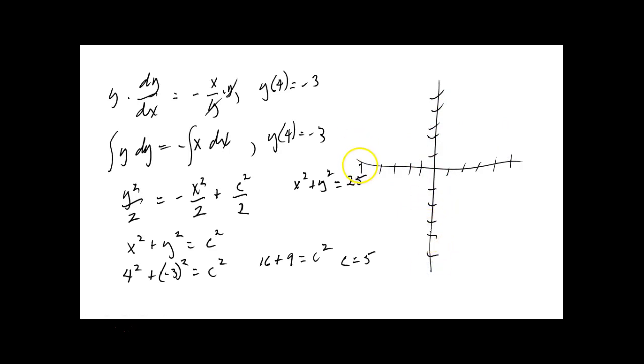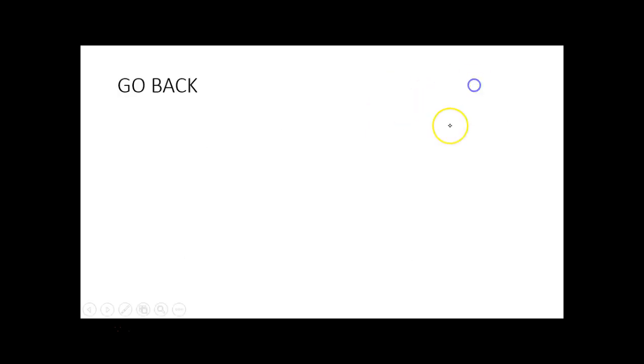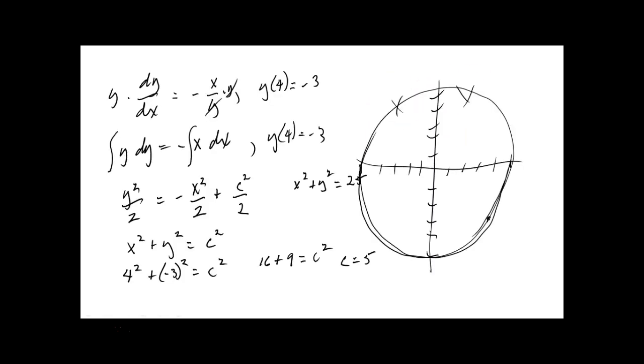Now, I don't draw circles very well at all, but let's just imagine that's a circle. y of 4, so x is 4, is equal to negative 3. There we are, right? So now, for y to be a function, it has to be this part. It can't be this up here, because of the vertical line test. The vertical line test fails if it's a circle, so it's only a half circle.